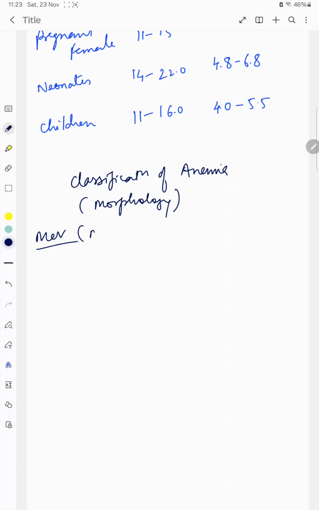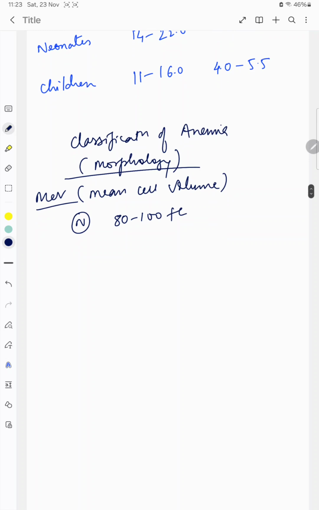MCV is mean cell volume, that's the mean RBC volume. Normal range of MCV is 80 to 100 femtoliter, and we will discuss later on how we calculate MCV, MCH, MCHC. These are the absolute values or RBC indices. We'll discuss in separate lecture.